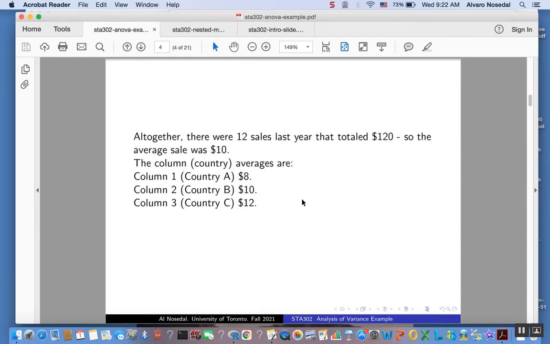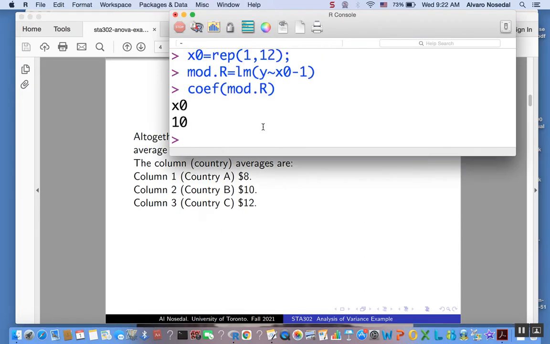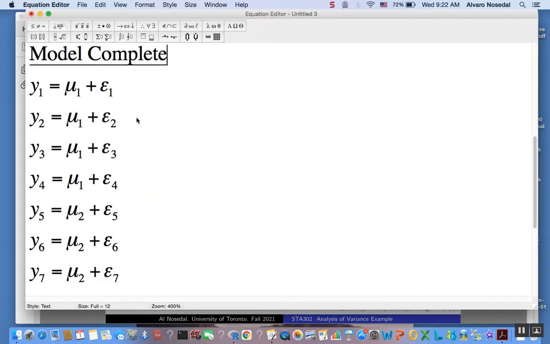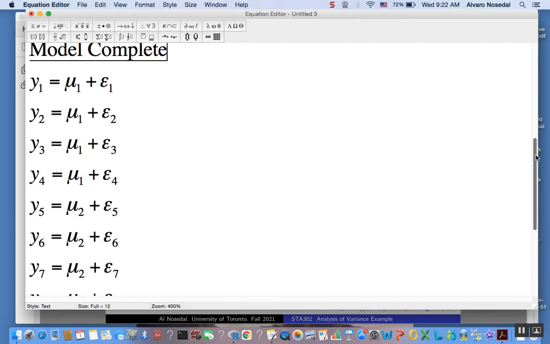Let's do something similar for the second model. Right now we want to see what happens if we make a prediction taking into account the information about country. So now let's talk about that complete model. Now what we have to do is again come up with a design matrix.